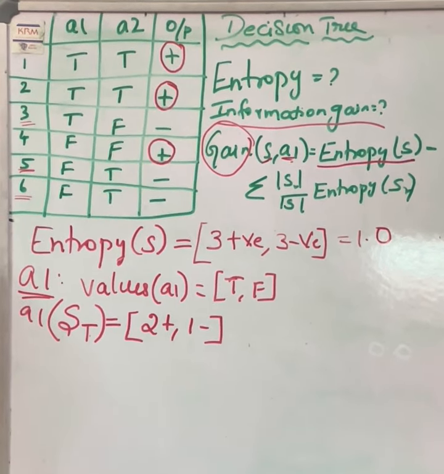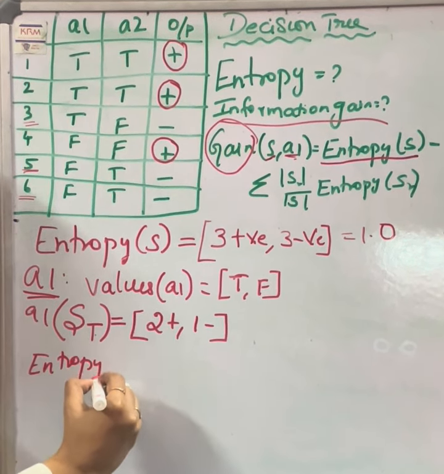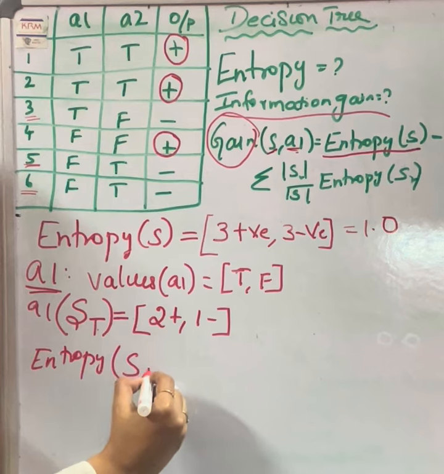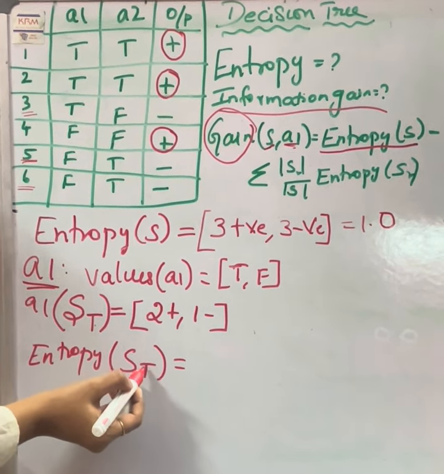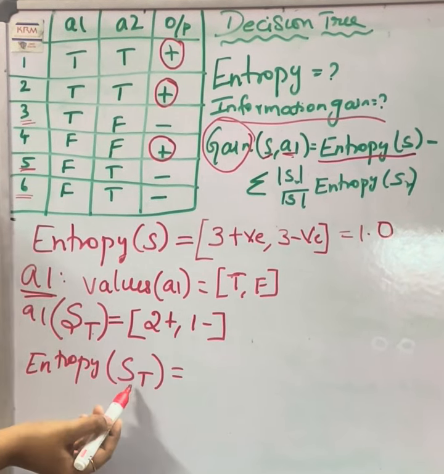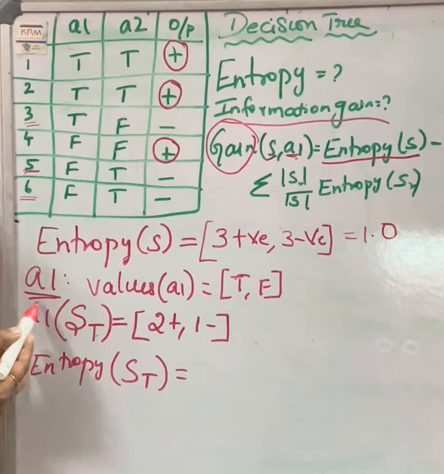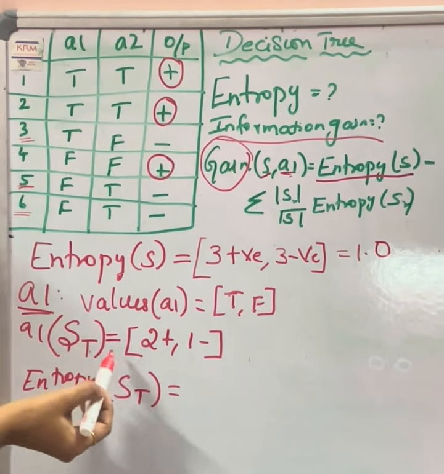So now let's calculate the entropy of ST. ST is nothing but the sample which contributes from true positively and negatively to the outcome with respect to A1, that is from the A1 attribute. So from A1 I have three true values.